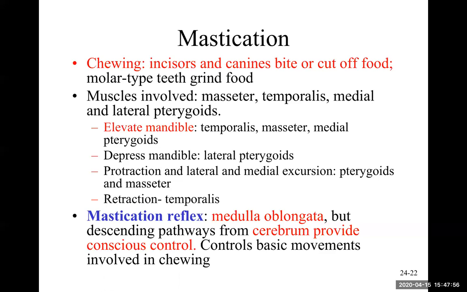But before then, you just keep chewing and chewing. Think about it: if you're chewing a hard piece of steak, how long do you chew before you decide when to swallow? And when you're chewing after the first bite, did you really have to think about chewing afterwards? Usually you don't, because the reflex pathway takes over.